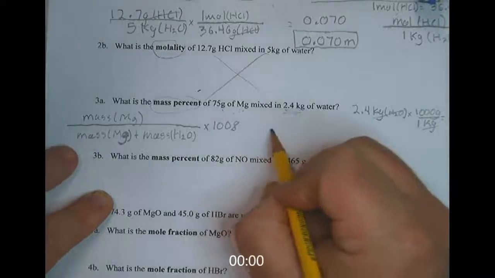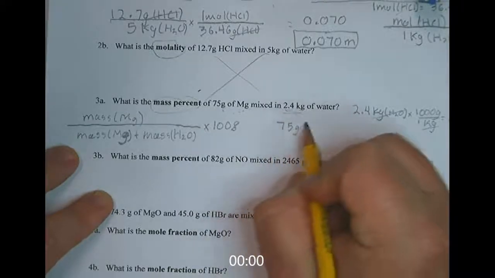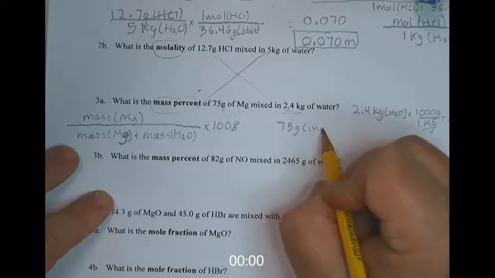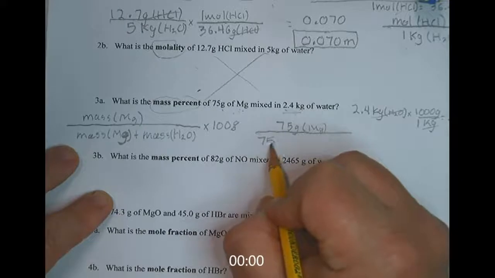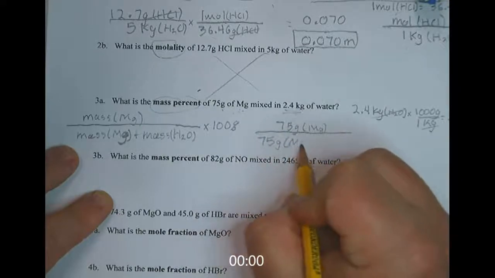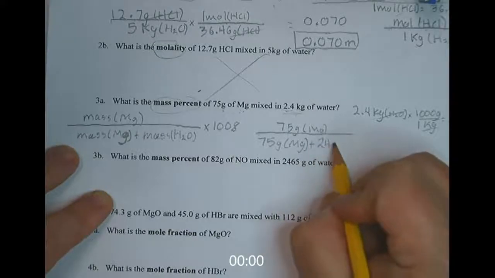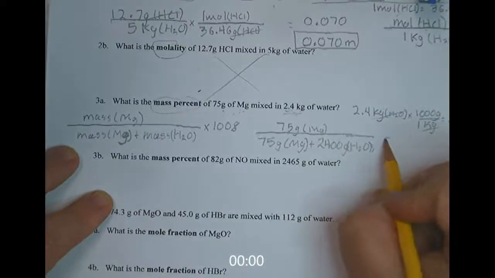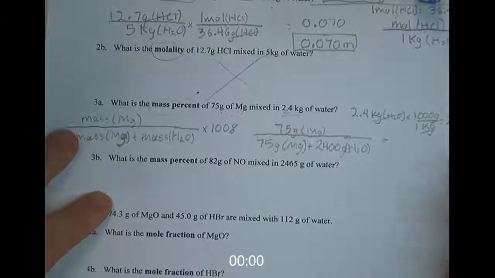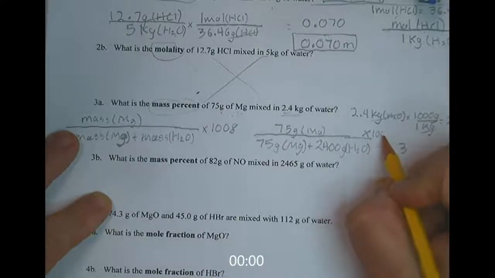Okay, so now we're ready to set up the equation. It's 75, which is the mass of the magnesium, divided by the total mass, which is 75, the mass of the magnesium, plus 2,400, the mass of the water, and times 100%, let's not forget that.